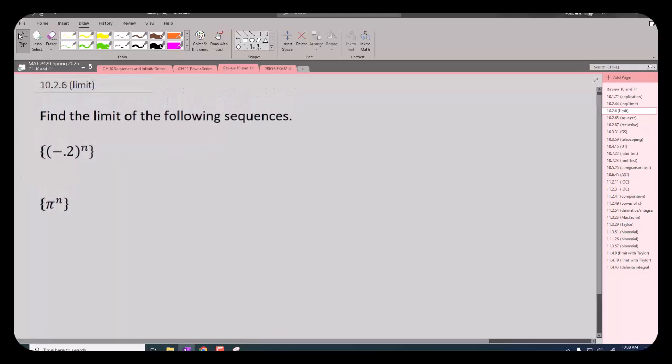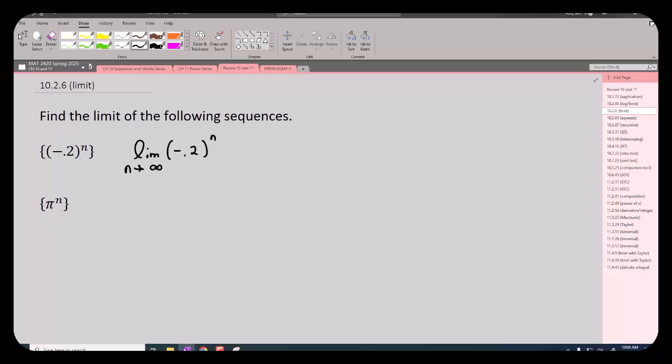So 0.2 to the n, the limit of this as n goes to infinity will be what? As n goes to infinity, what's going to happen there? It's going to go to 0.